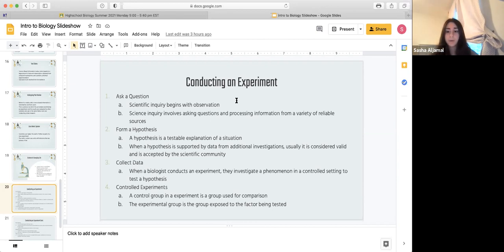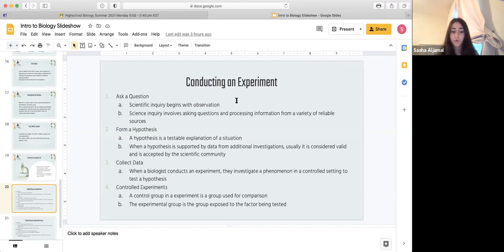So for example, say I'm testing the height growth of a plant. This is just a random example. This might never come up, but it works. I'm testing the growth of a plant that uses water to grow, and one that doesn't use water.